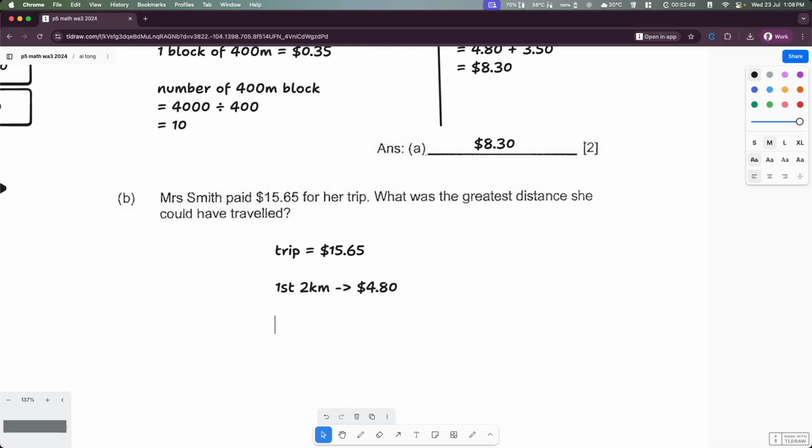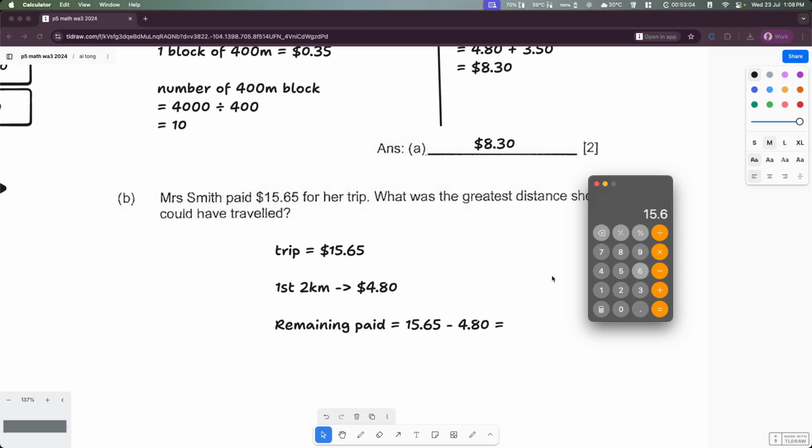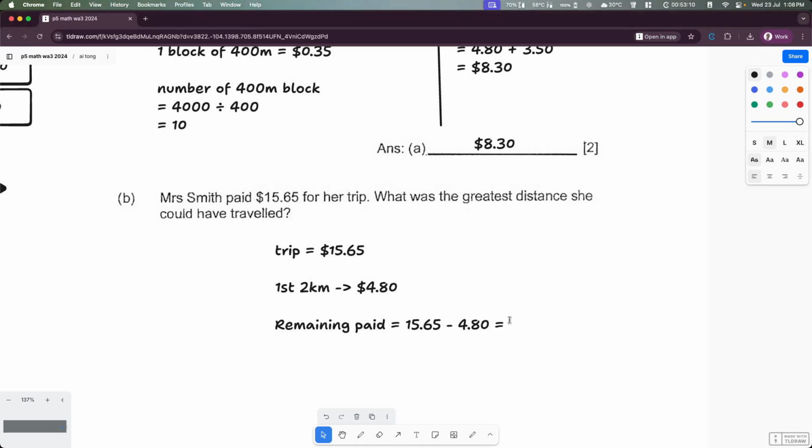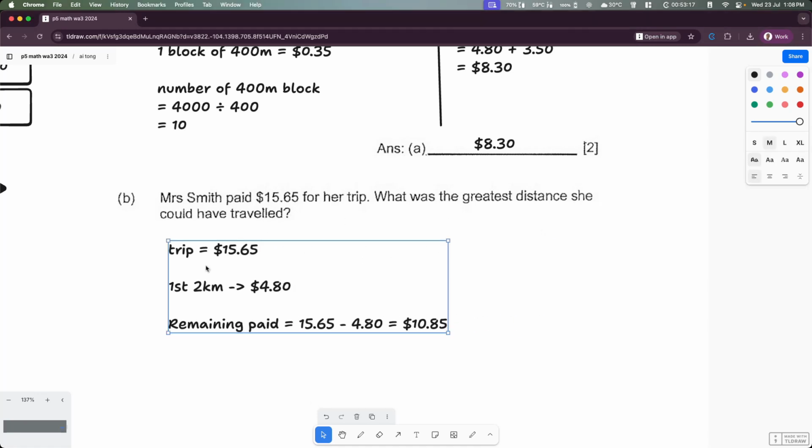So that means the remaining paid is equal to 15.65 minus 4.80. Okay, let's use the calculator. 15.65 minus 4.8, and this gives us $10.85. So now we have $10.85.